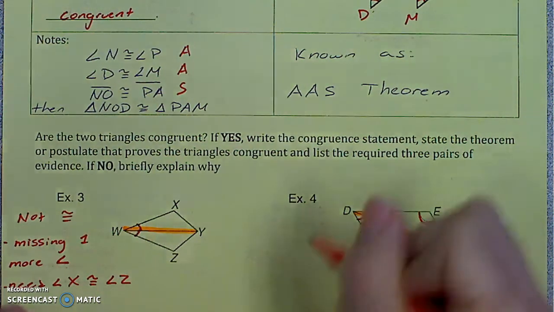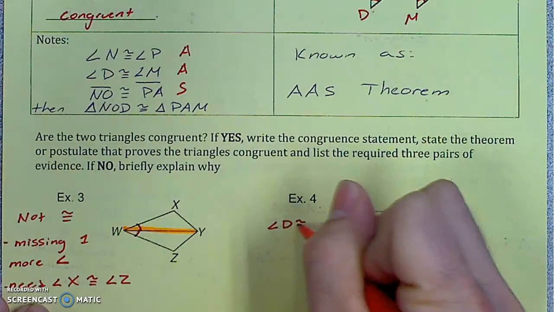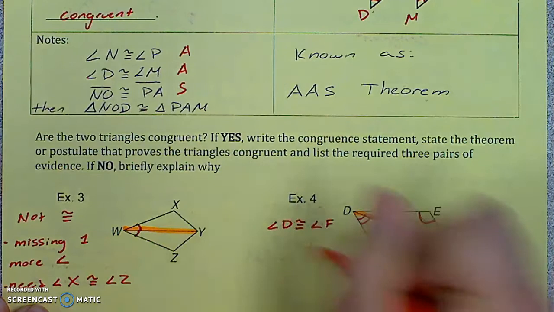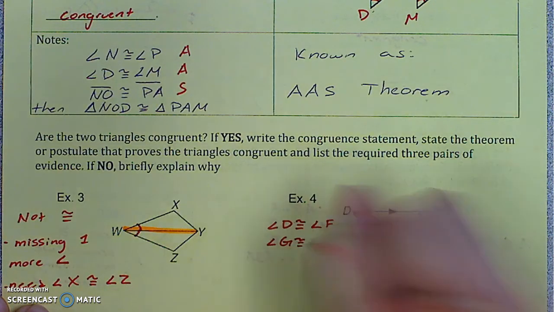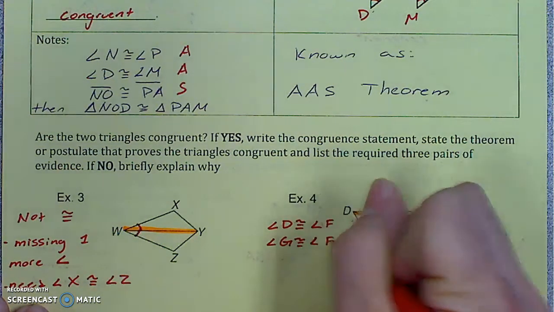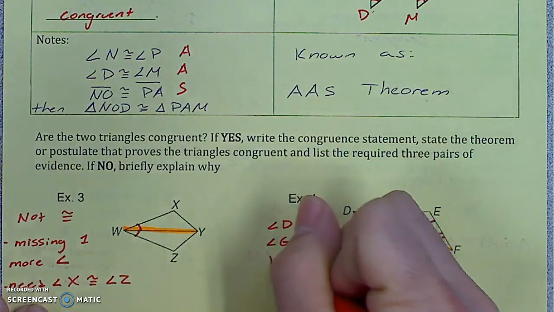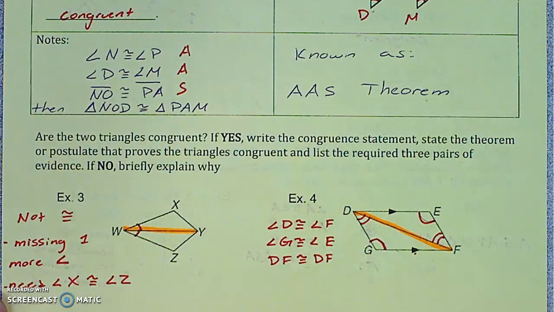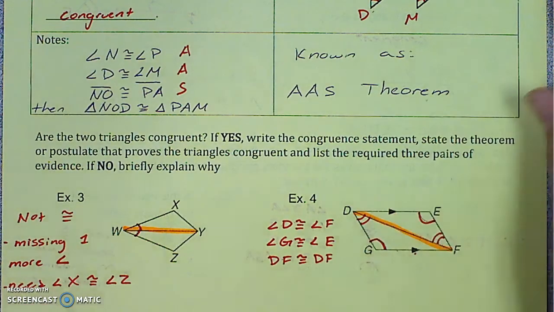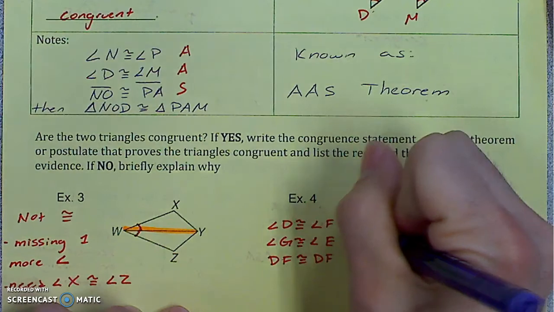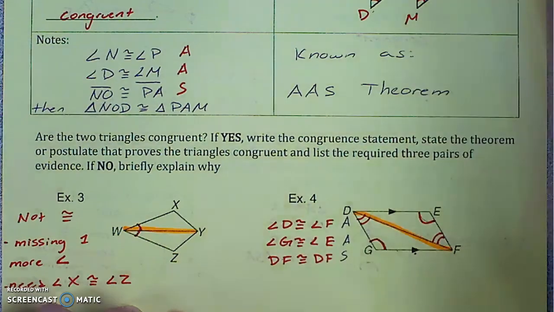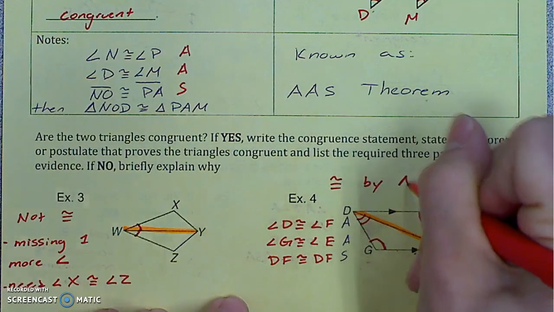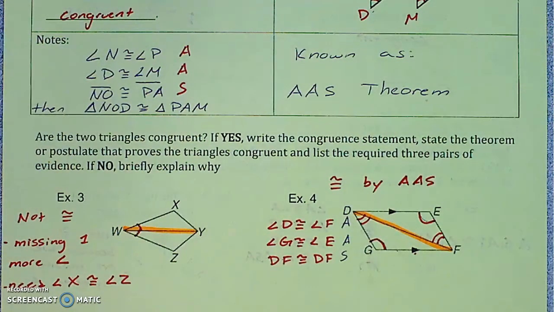So we have angle D congruent to angle F. Angle G congruent to angle E. And DF congruent to DF. This is angle angle side. So you can say congruent by angle angle side.